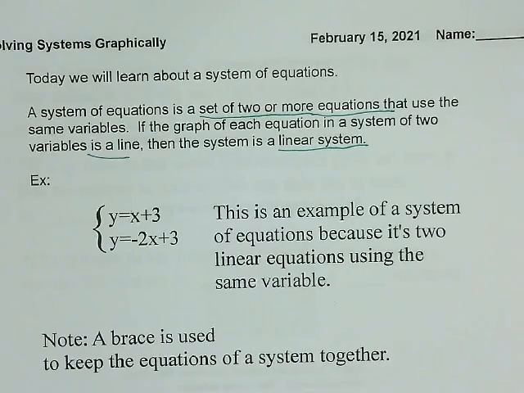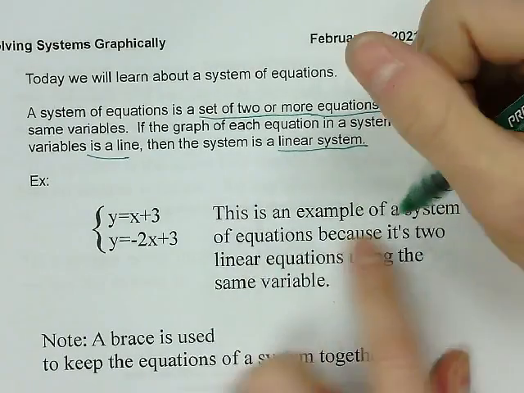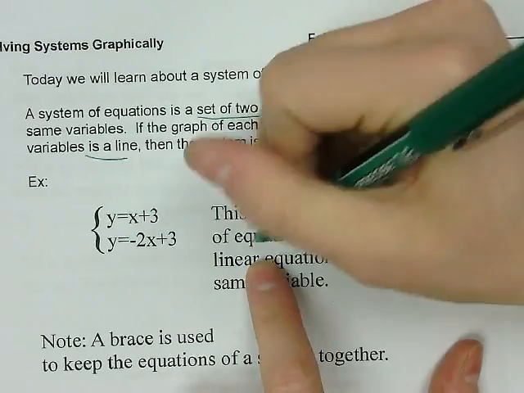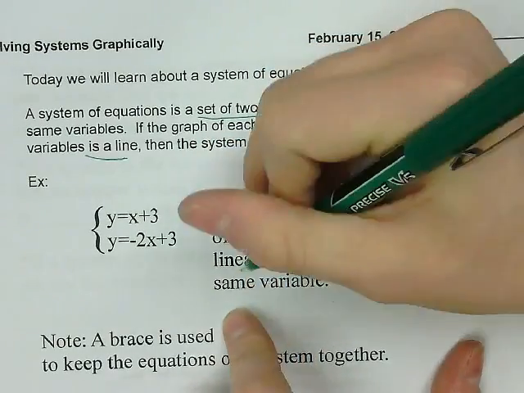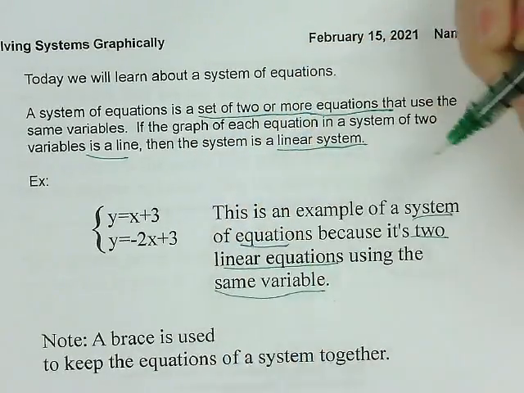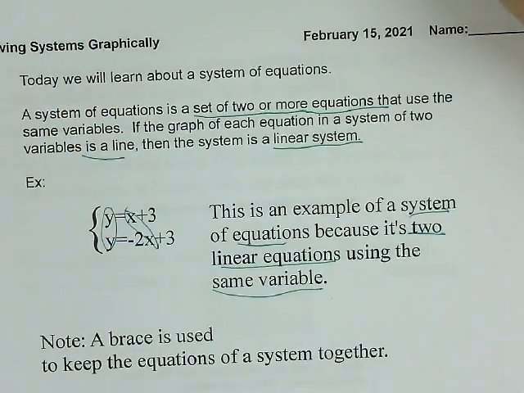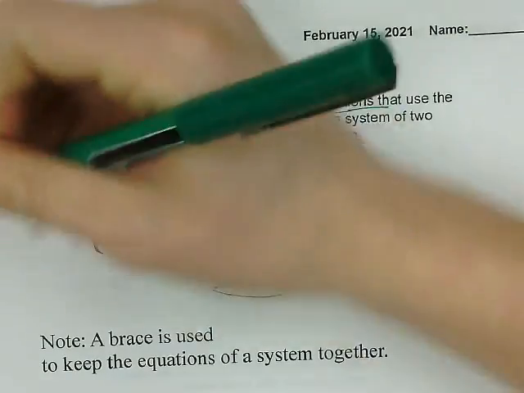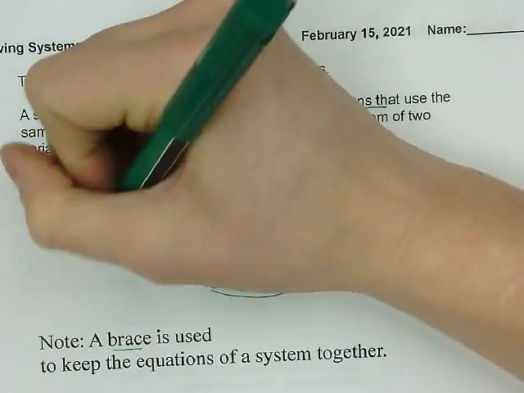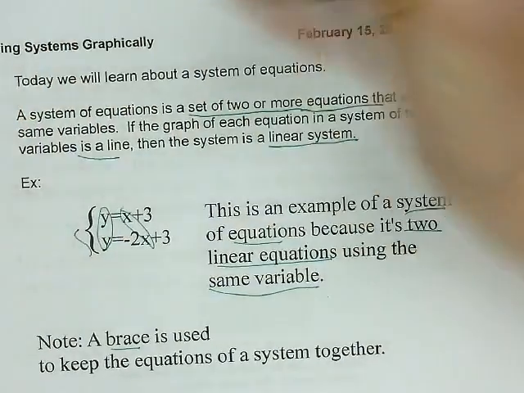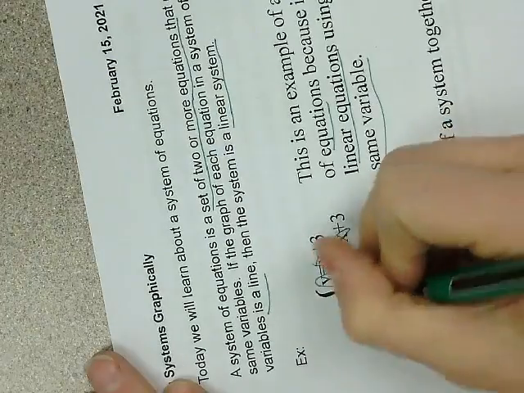Okay, so this is an example of a system of equations because it's two linear equations using the same variables. If we look, we're both using y's and x's. And it's in this little brace or bracket. I tried to draw that sideways and I couldn't.